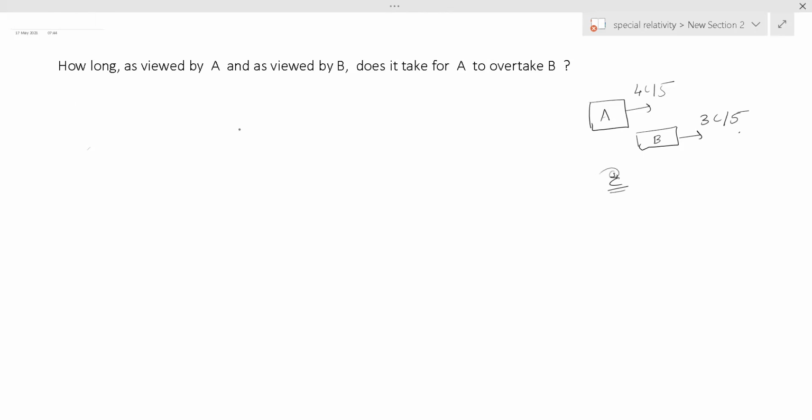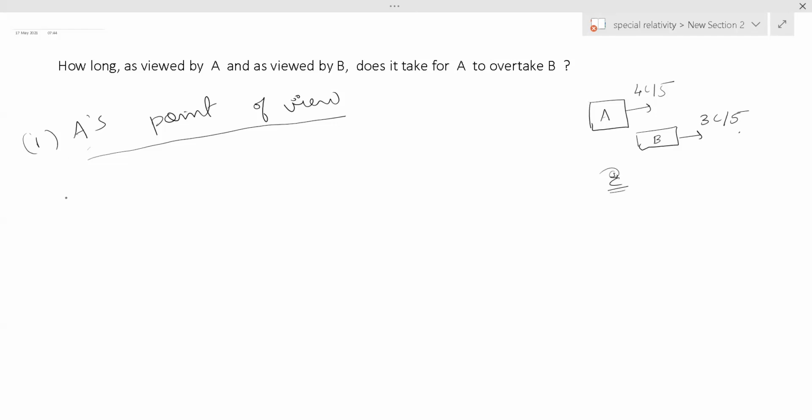Now here is the question, how long as viewed by A? First let's take A's point of view. How long as observed by A does it take for A to overtake B? Here we have to find the relative velocity.